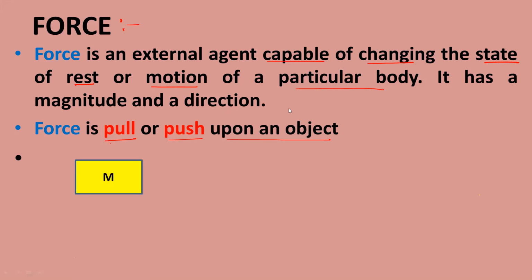Consider one example. We have an object having mass m. It is kept on a horizontal surface like this. And suppose we apply some external force in the positive x direction. As per Newton's second law, what is going to happen to the object of mass m?